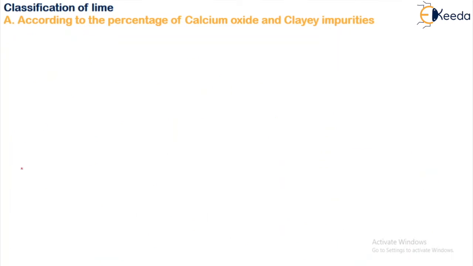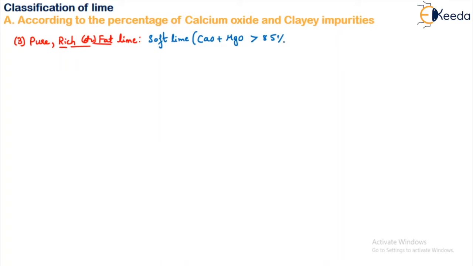The next and the third one is the pure, rich, or also it is called fat lime. So it is generally a very soft kind of lime which has CaO plus MgO more than 85% and MgO less than 4%.